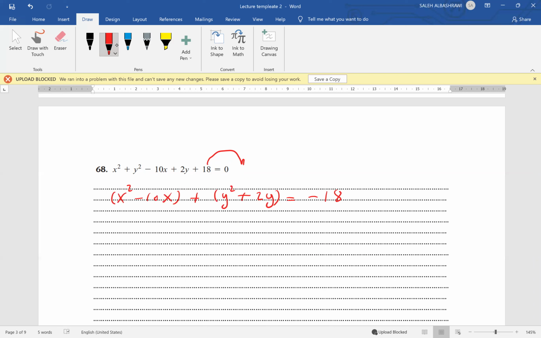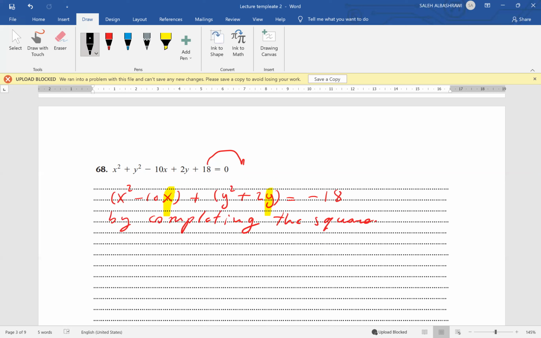Now we have to complete the square for both of them, x and y, because I have x to power 1, which is this one, and also I have y to power 1. So I have x squared minus 10x. I have to complete the square for the first bracket and complete the square for the second one.